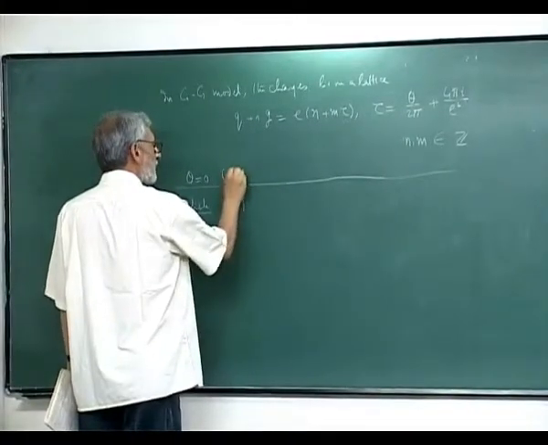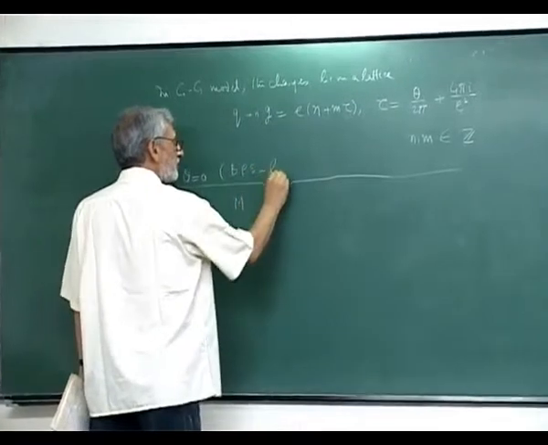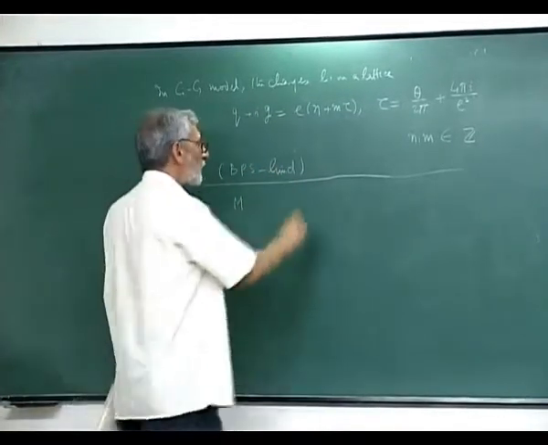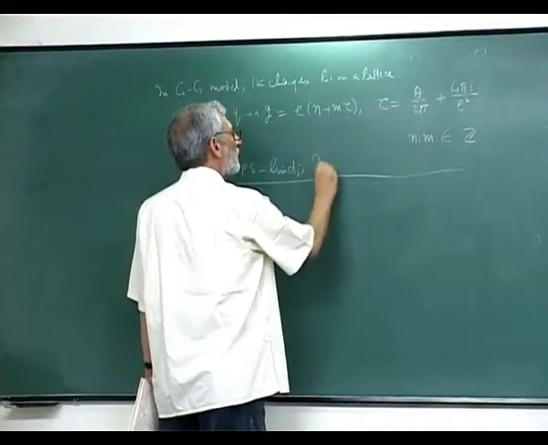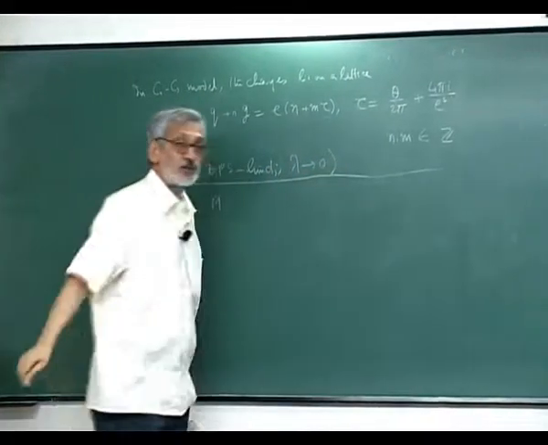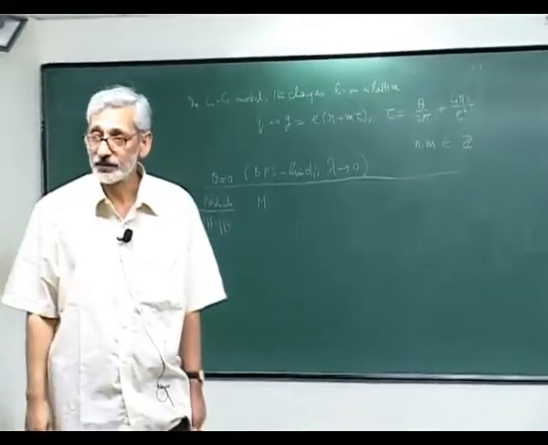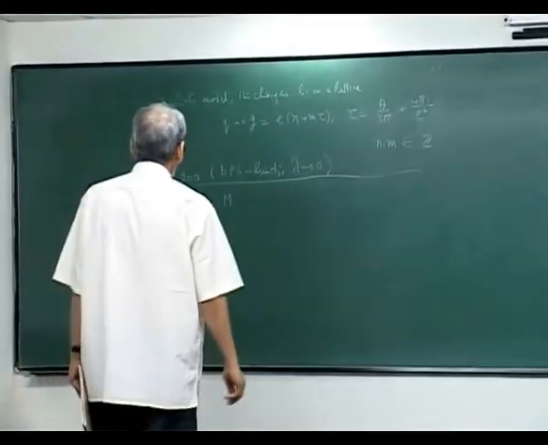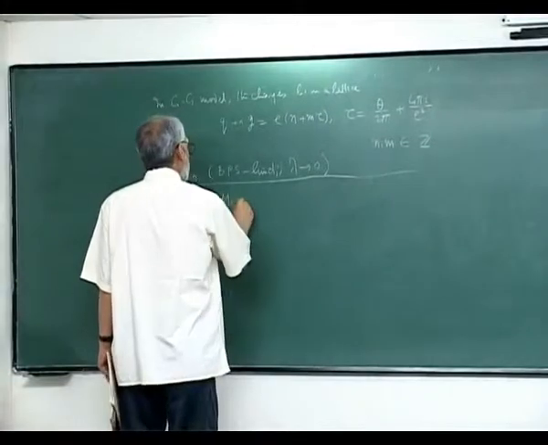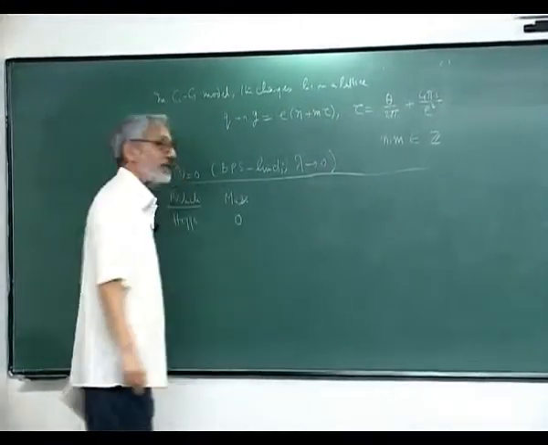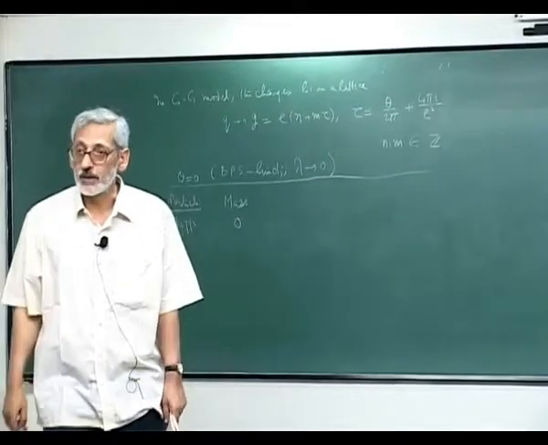This is in the BPS limit, when the potential is made zero through the lambda coupling going to 0. The mass of the Higgs field was 0 in this limit.